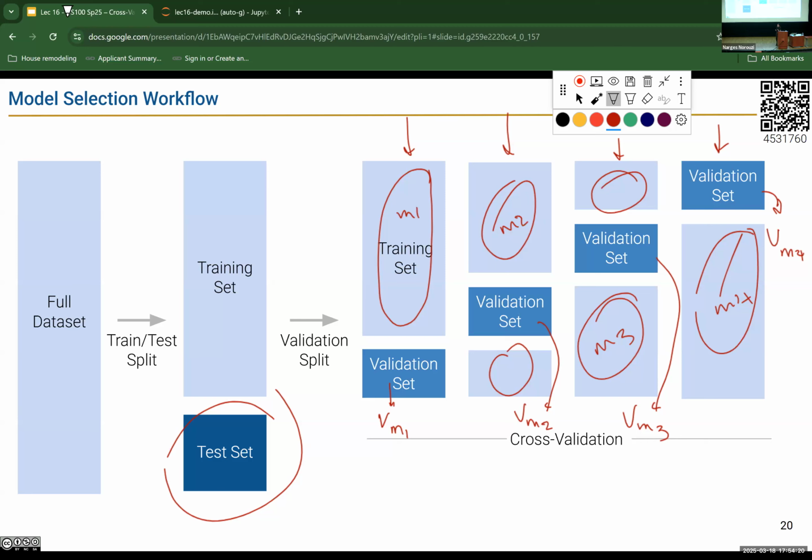Let's assume that you wanted to pick the best hyperparameter for a model. So say, for example, you wanted to pick learning rate. You want to say, okay, is a learning rate of 0.1 better, or 0.01? So in those cases, you run K-fold cross-validation with the assumption that you want to pick a learning rate of 0.1, right? You get all of these validation errors based on that learning rate. You will calculate the average of all of these.